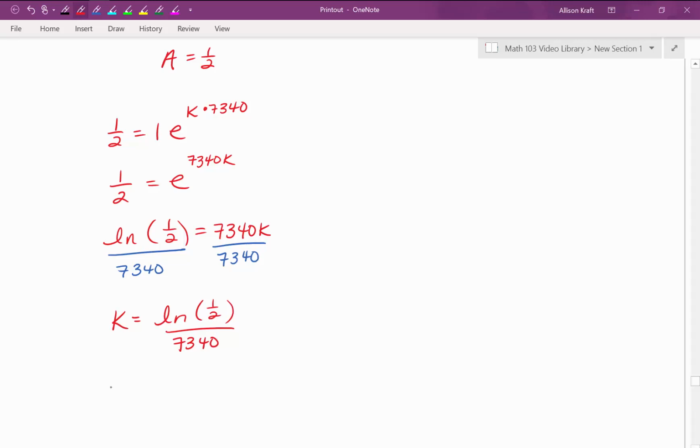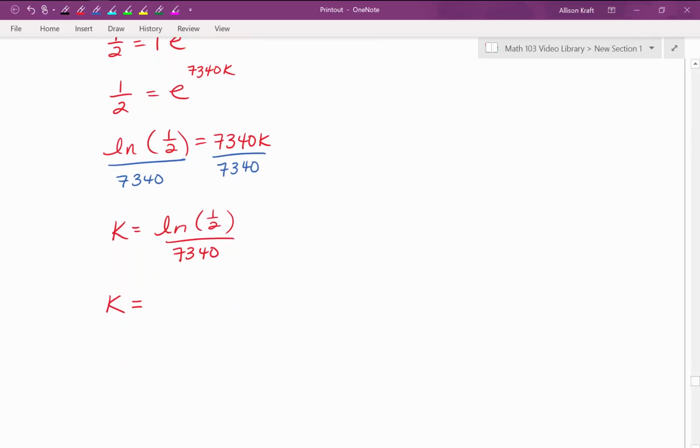Note, for plugging it into your calculator using 0.5 would probably be easier than 1/2. Either way, we get a k value of negative 0.000094. Notice in this example, our k is negative. That's because we have a decaying entity in this example. In the previous example, our k was positive because we had a growing entity.